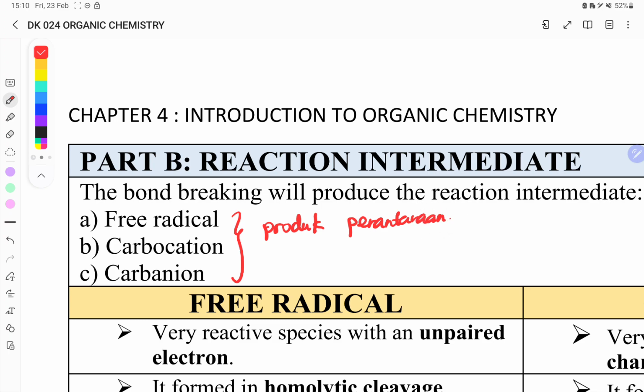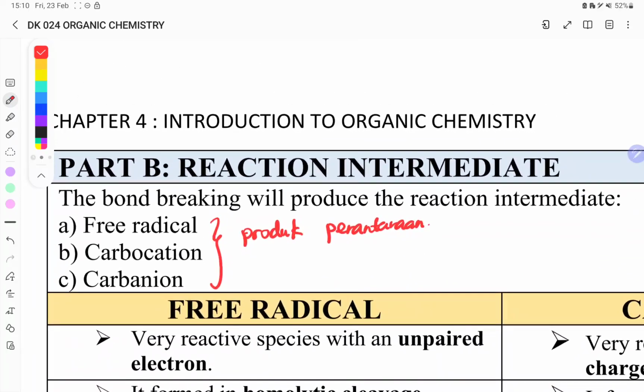Maksudnya dia adalah produk sementara. Okay, sebab kalau kita tengok contoh macam dalam reaction, kebanyakan reaction, for those yang belajar biology dan belajar glycolysis, betul? Okay, daripada pyruvic acid jadi pyruvate apa segala bagai semua tu, all of those are apa yang kita panggil sebagai intermediate.